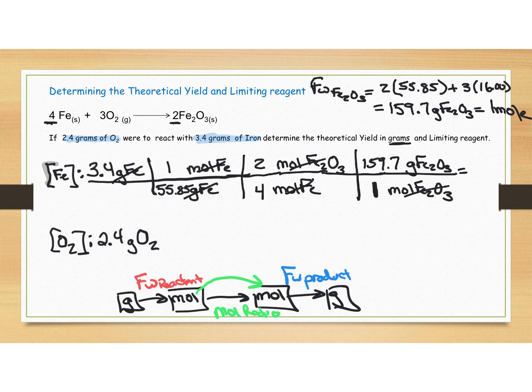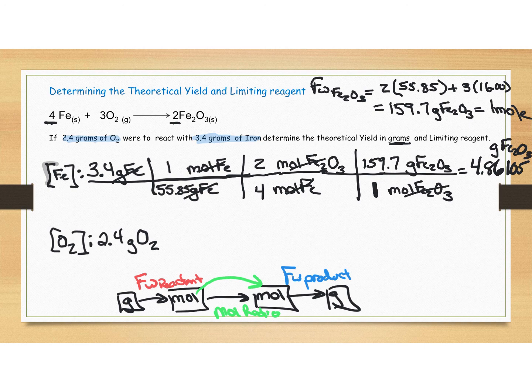And on my calculator, I get 4.86105. And that is what? That is my grams, apologize, I'm running out of room here, of Fe2O3.